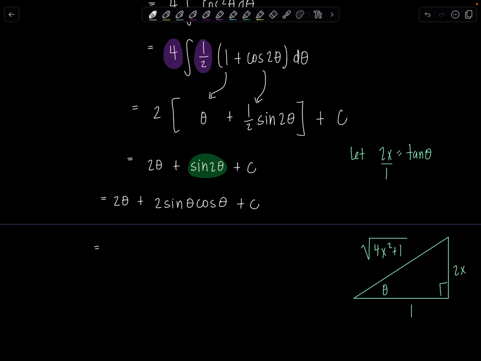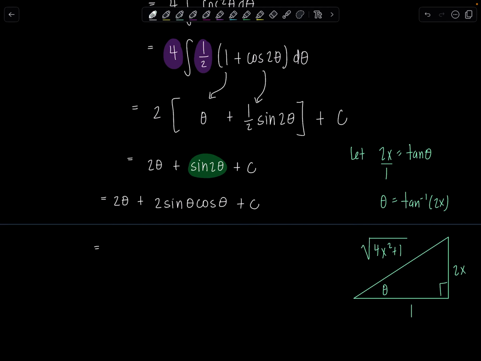When you have theta all by itself like this, you go back to the substitution that you made and use that inverse trig function. So I can say theta is equal to tan inverse of 2x over 1, or just 2x. That's what I'm going to substitute in for theta.